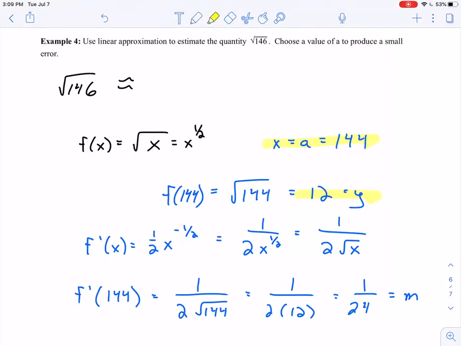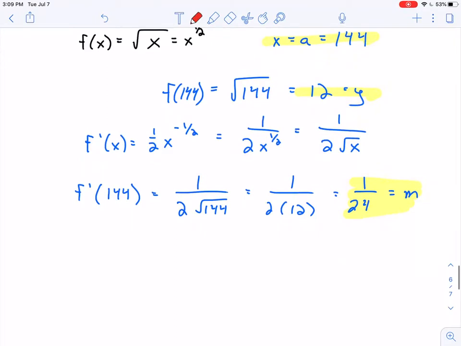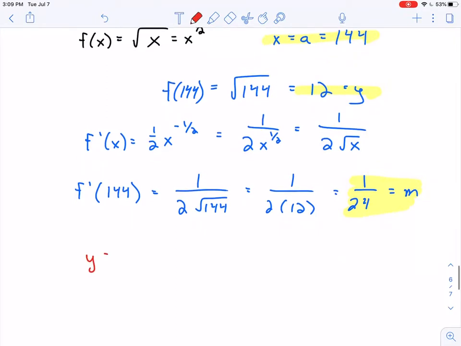So I have my x value, I have my y value, I now have my slope. Let's write the equation of the tangent line. y minus my y coordinate, 12, equals m, which is 1 over 24, times x minus my x coordinate, which is 144.